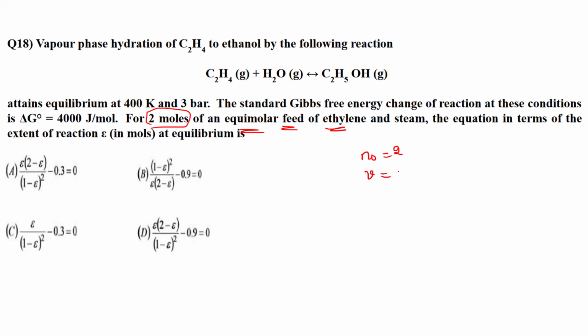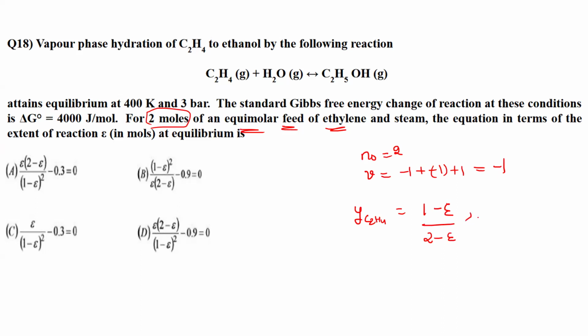And mu is equal to minus 1 minus 1 plus 1, equals minus 1. And so I will be writing y of C2H4 equal to 1 minus epsilon by total, which is 2 minus epsilon.